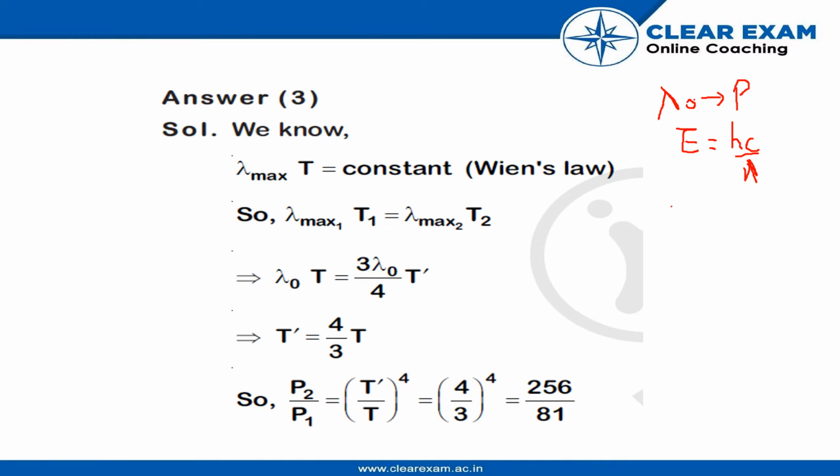And we can also say that 1 upon lambda is directly proportional to T, which is further directly proportional to T to the power 4, directly proportional to our power.